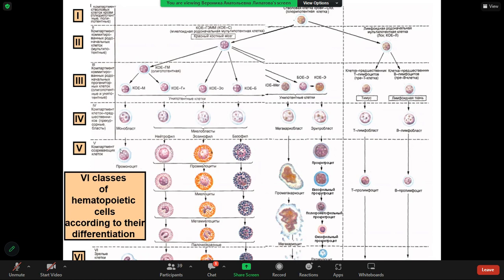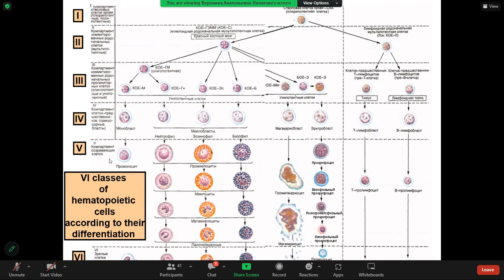But the first kind of the cell that we classify as maturing cell is the so-called pro-monocyte. Pro-megakaryocyte, pro-erythrocyte. Sometimes traditionally we can see pro-erythroblast, but it's a traditional term. After this, pro-T lymphocyte, pro-B lymphocyte. Is this clear?